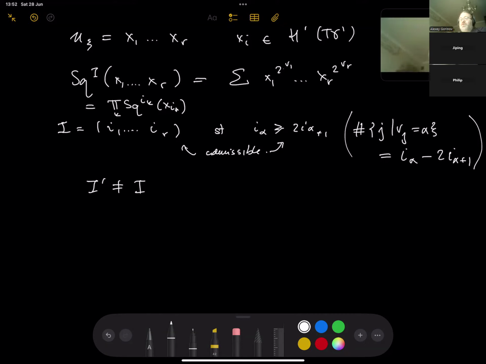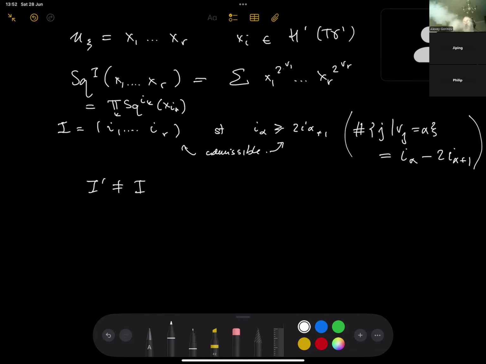Jiping, does any of this make any sense? So VI is not a map, just an index. Jiping, if it doesn't make sense, then please ask Philip. So here your VI is not a map, just described as before.